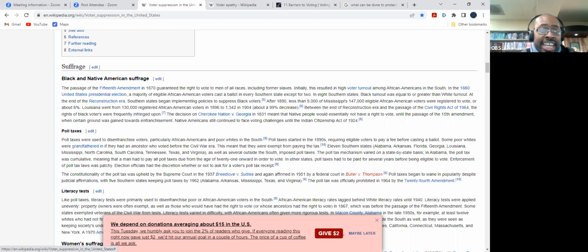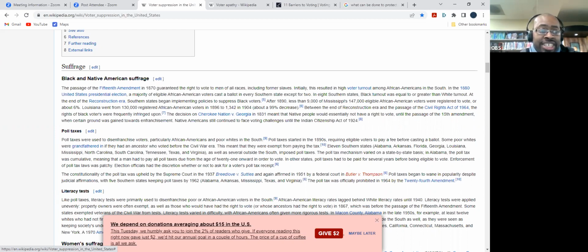For example, in the 1880 presidential election, a majority of eligible African American voters cast a ballot in every southern state except 2. In 8 southern states, Black turnout was equal to or greater than white voter turnout.